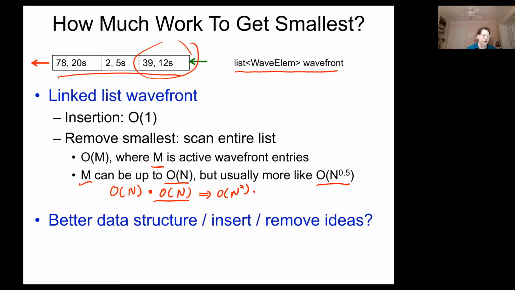I see in the chat there are already ideas of how we can make it better. Trevor's saying, is it order n to the 0.5 because the number of nodes in the wavefront is like the perimeter? Yeah, you're right.